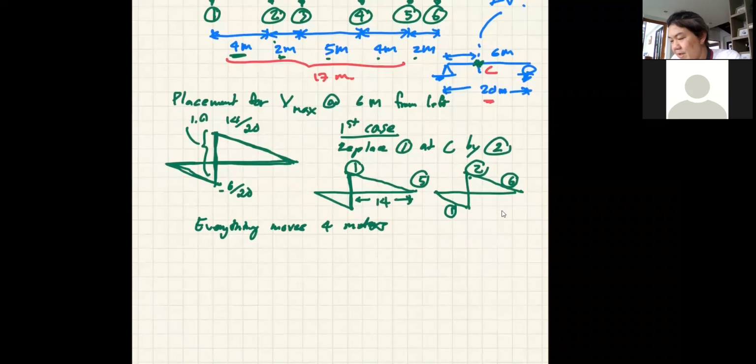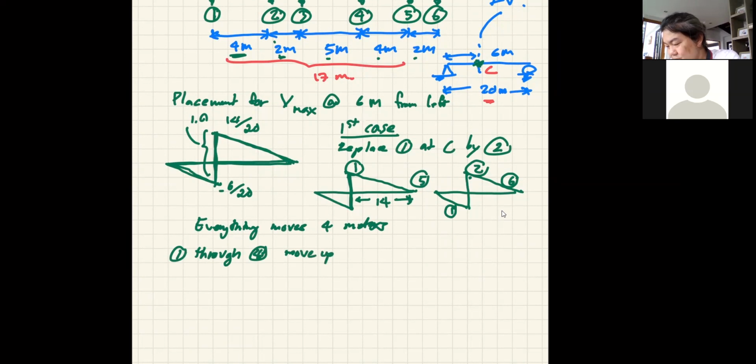So from this, when load number 1 is at C, we have load number 1, 2, 3, and 4 on the beam. So with the movement to replace load number 1 by number 2 at C, now the first case is that load number 1 through 4 move up with load number 1 in the air.